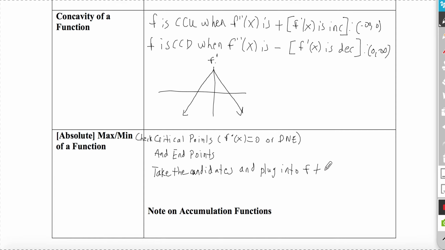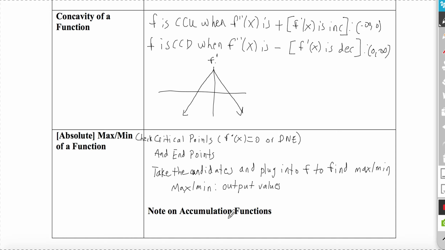Plug into f to find the max or min. Now, as a reminder, when we're talking about the max or min, that refers to the output values, the y values. If I say, what is the absolute maximum? You give me the y value. If I say, at what x value does the maximum occur? Then you give me the x value. But if we're actually talking about the maximum or minimum, we're talking about the output values, okay?